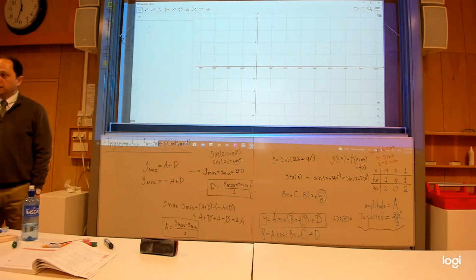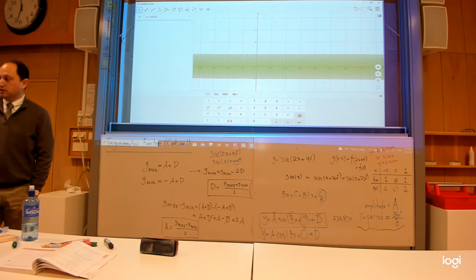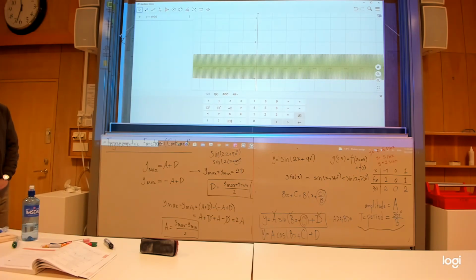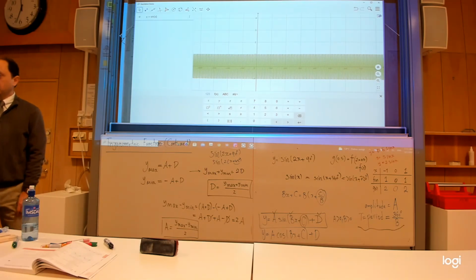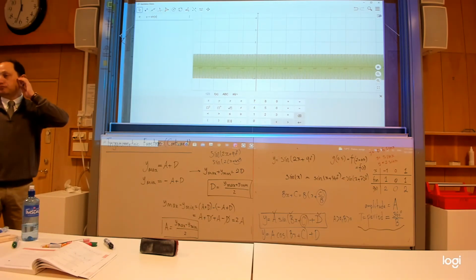But you see, if I just put 1 equals sine of x and ask GeoGebra to draw this, it will draw a sine function, but it's so squeezed that you cannot see the oscillations. The problem is that GeoGebra by default takes x to be in radian mode.